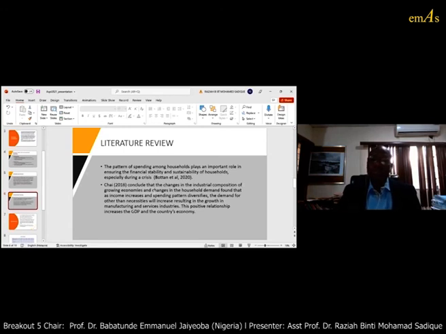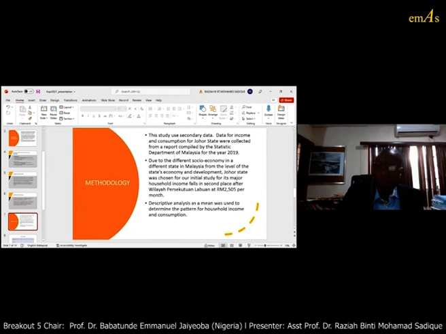Chai 2018 concluded that the changes in the industrial composition of growing economies and the changes in household demand essentially work together. When income increases, the spending pattern increases, so people will spend more beyond basic needs. This directly impacts the growth of the economy, especially in manufacturing and service industries. There is actually a positive relationship.